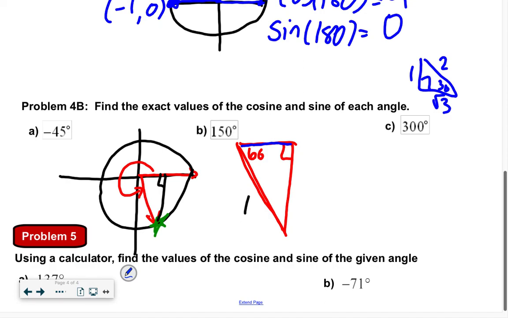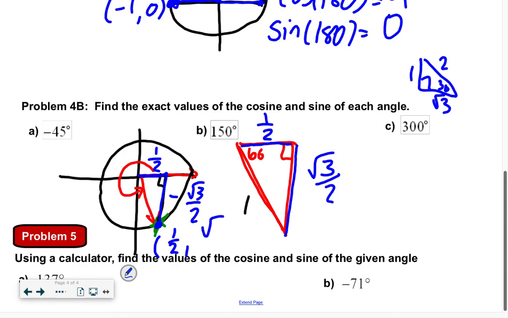Just take half your hypotenuse. Do I have a positive half on my leg here or negative half? Positive. What's this leg right here? Square root of 3 over 2. Is it positive or negative on here? Negative. So this point right here is 1/2, negative square root of 3 over 2.